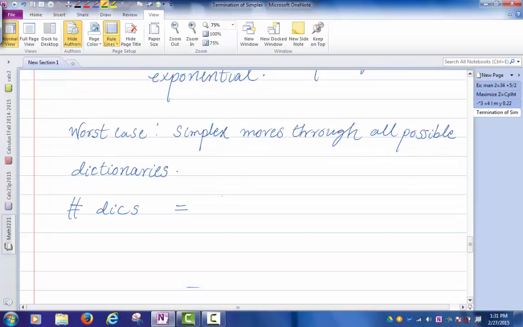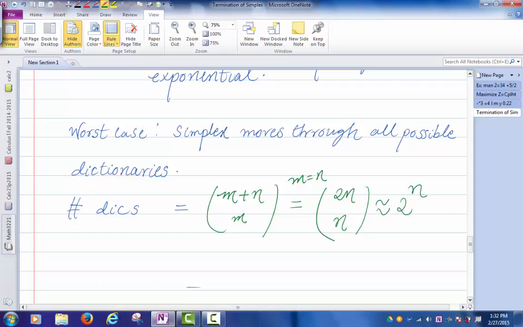And again, remember we talked about this. The number of dictionaries was m plus n choose m, where n is the number of decision variables and m is the number of functional constraints. Now, if m and n are the same, I'm just picking a case, then this is about 2n choose n, and this is really about 2 to the n.